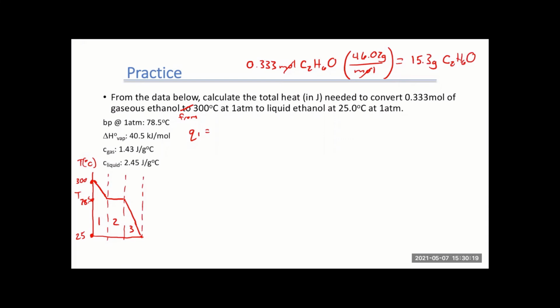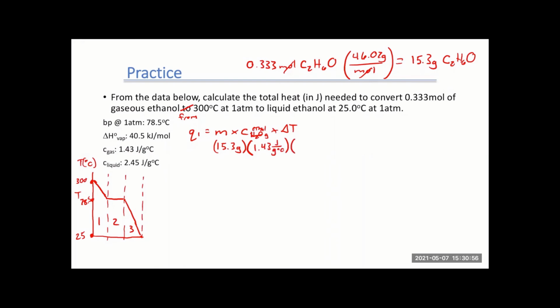So that means when I use my equation, mass times specific heat of water in the gas phase times my change in temperature, the mass there is going to be that 15.3 grams. So I have my 15.3 grams, specific, oops, not water, ethanol. So my specific heat for the gas phase is 1.43 joules per gram degree Celsius.